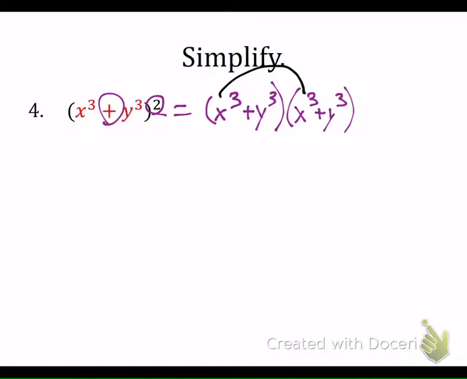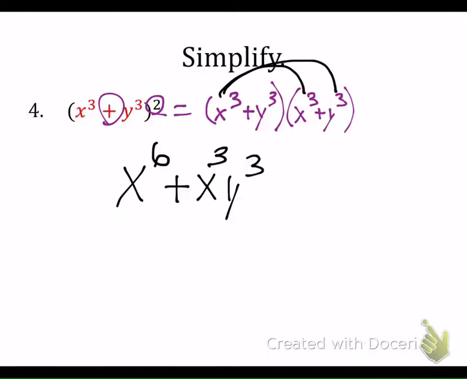So x to the third times x to the third is x to the sixth. Good. X to the third times y to the third is just that, x to the third, y to the third. Do it again. Y to the third, x to the third, or x to the third, y to the third.